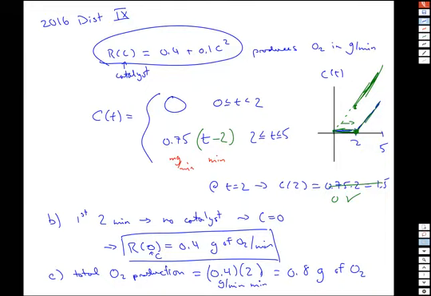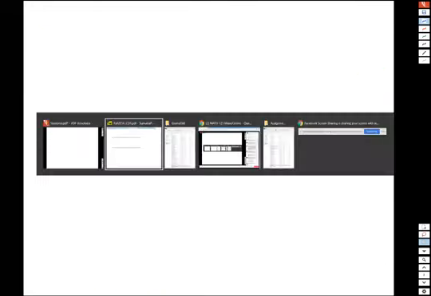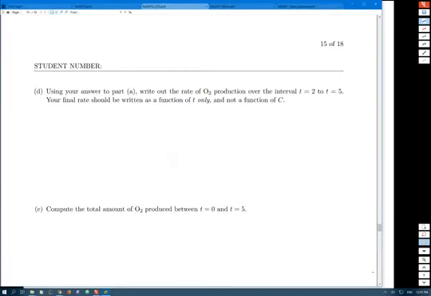Then the next stage is a little more complicated. This is where we actually have the catalyst changing, but on the plus side, we're just subbing one value into another. So we're trying to find the rate of production. First, this is part D here. We actually had our catalyst amount is 0.75 times t minus 2.